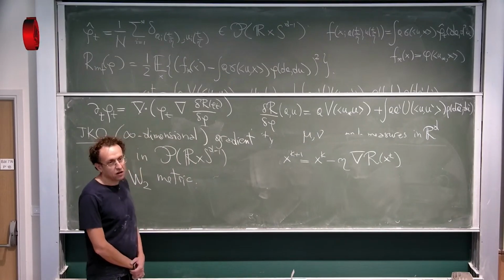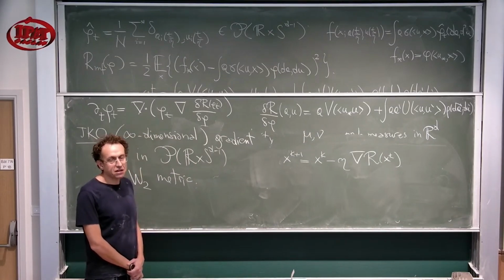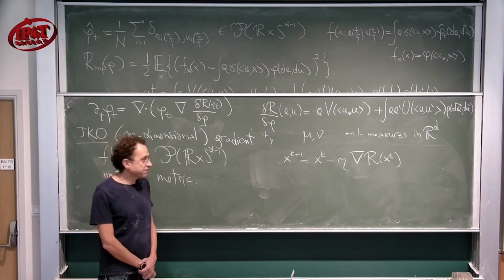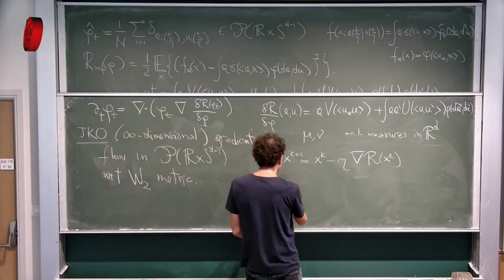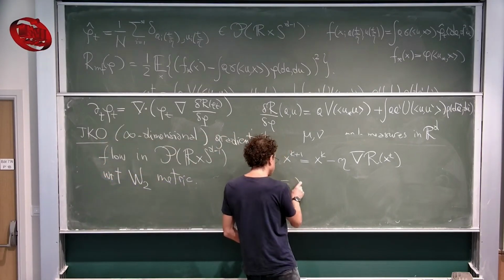Now, the way people more often think of gradient descent, one convenient way to think about it, is the following.